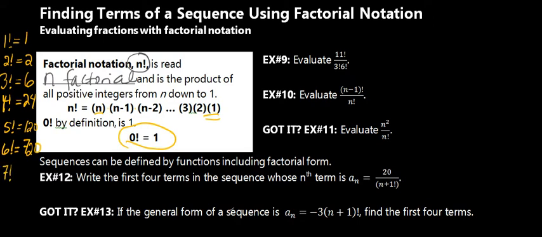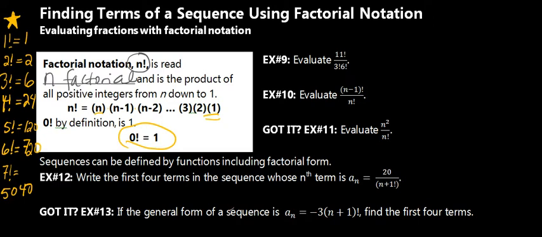And 7 factorial is a whopping 5,040. I would like for you to memorize these, recognize these values, because they will be sneaking into your evaluation of series and sequences, both in arithmetic and geometric.